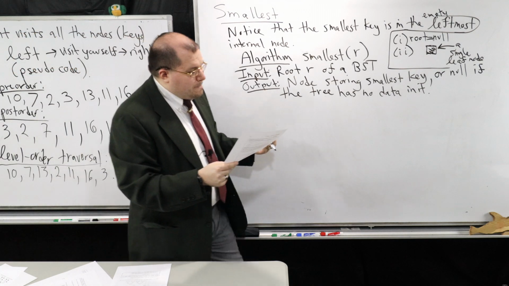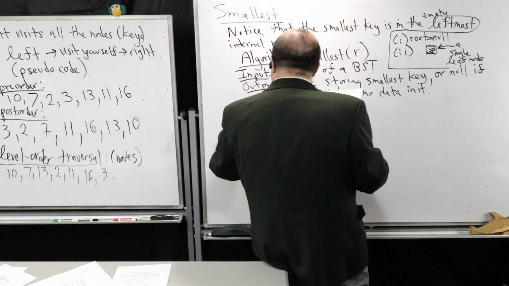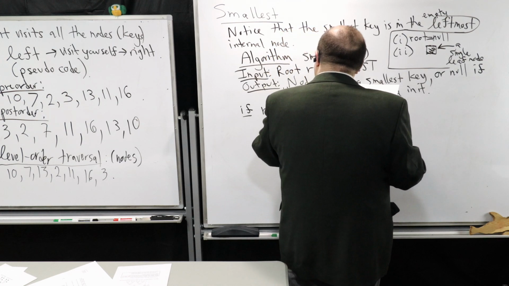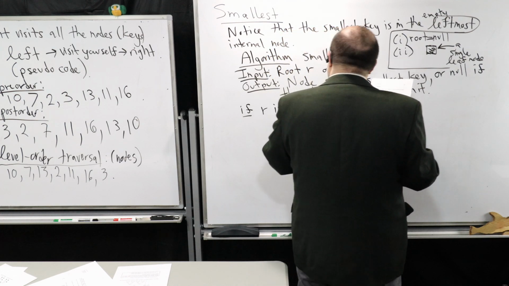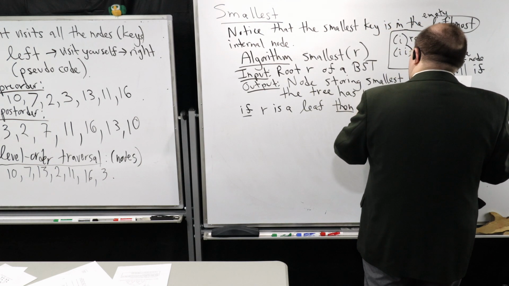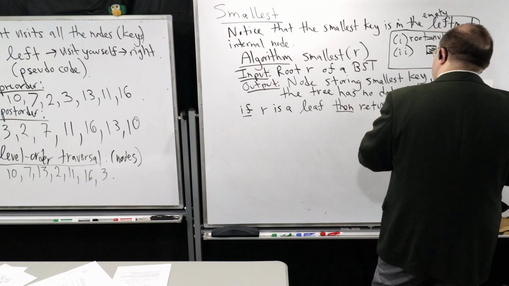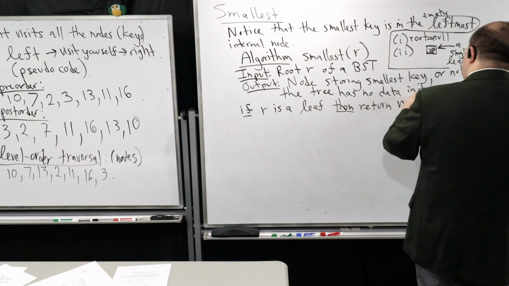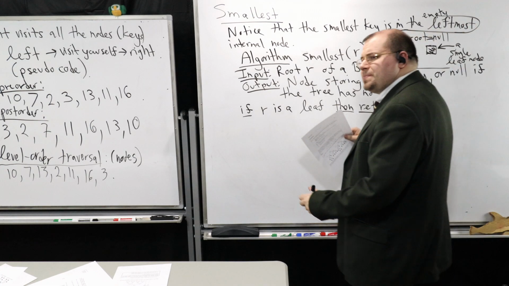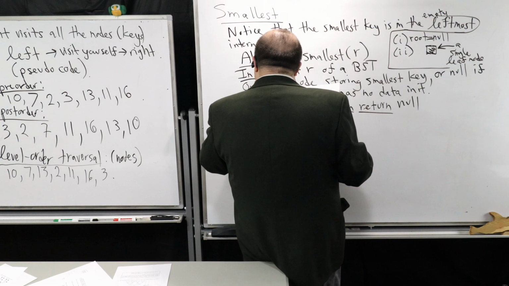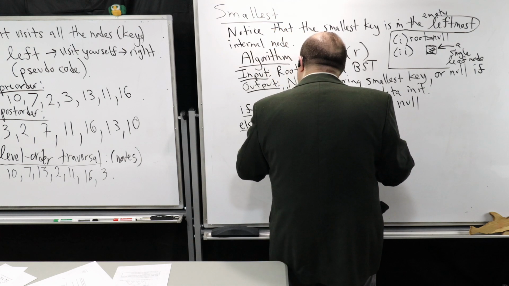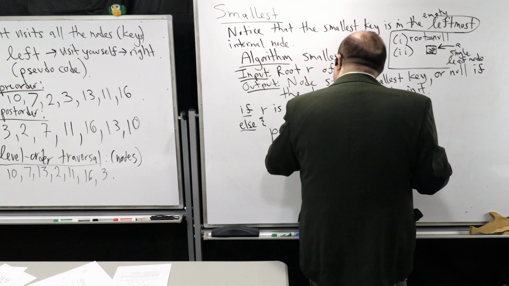So here we go. If R is a leaf, so if I check if it's a leaf, then I'm going to return null. So I return null if it's a leaf. Otherwise, I know I got at least something.